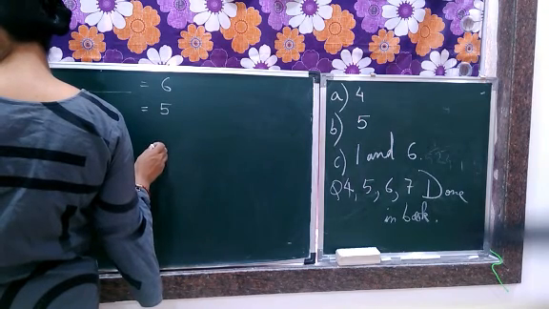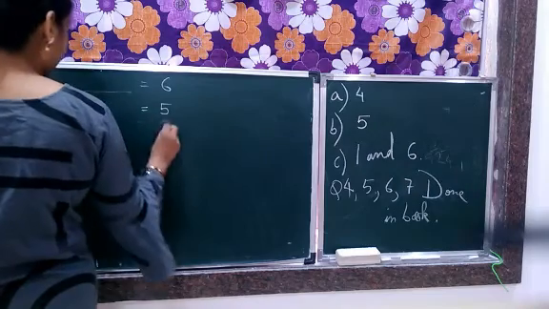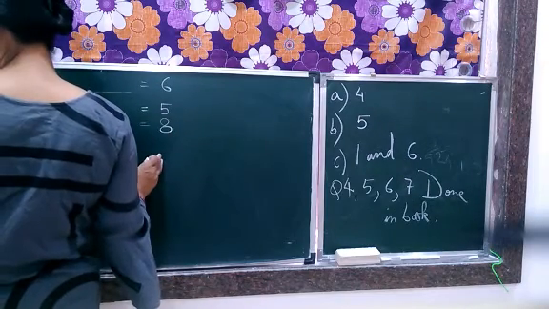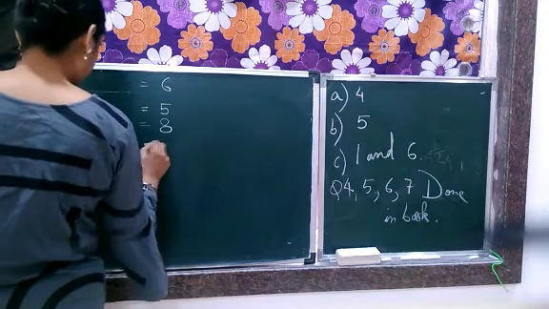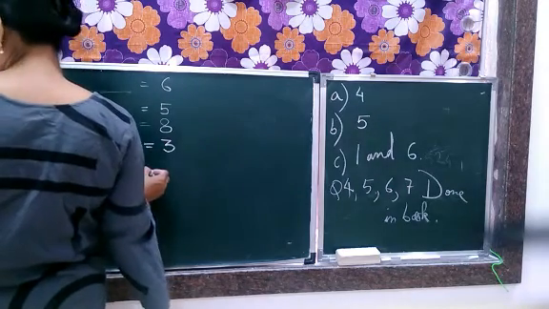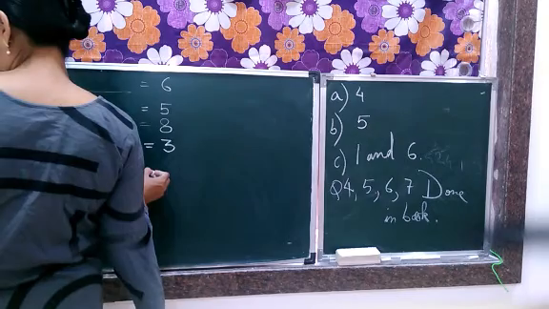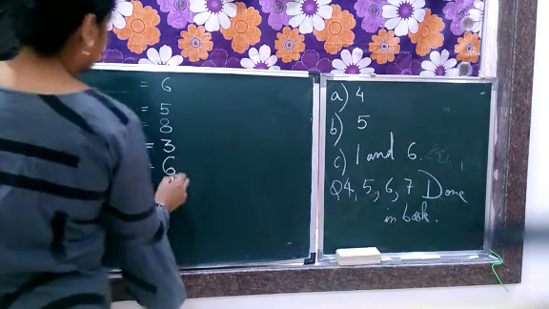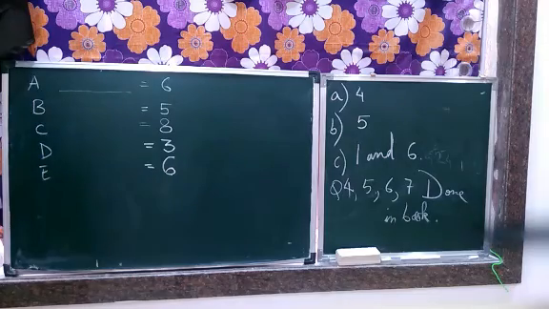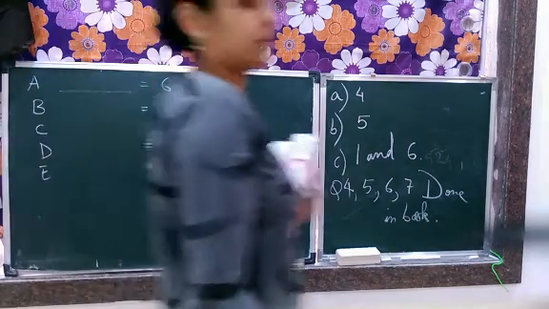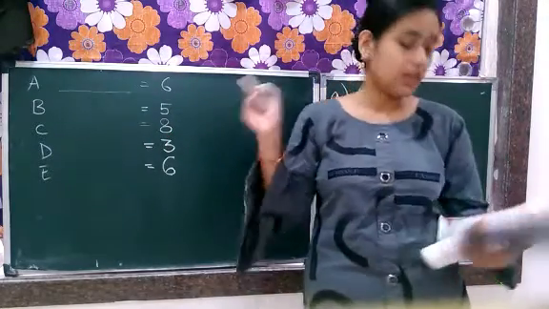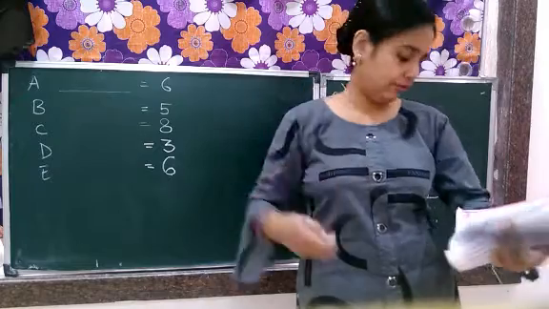Village C is 1, 2, 3, 4, 5, 6, 7, 8. Village C is 8. Then village D is 3. Then village E is 6. So it was very easy. We have to just count the number of diagrams made, because the scale shows that one diagram represents only one tractor.